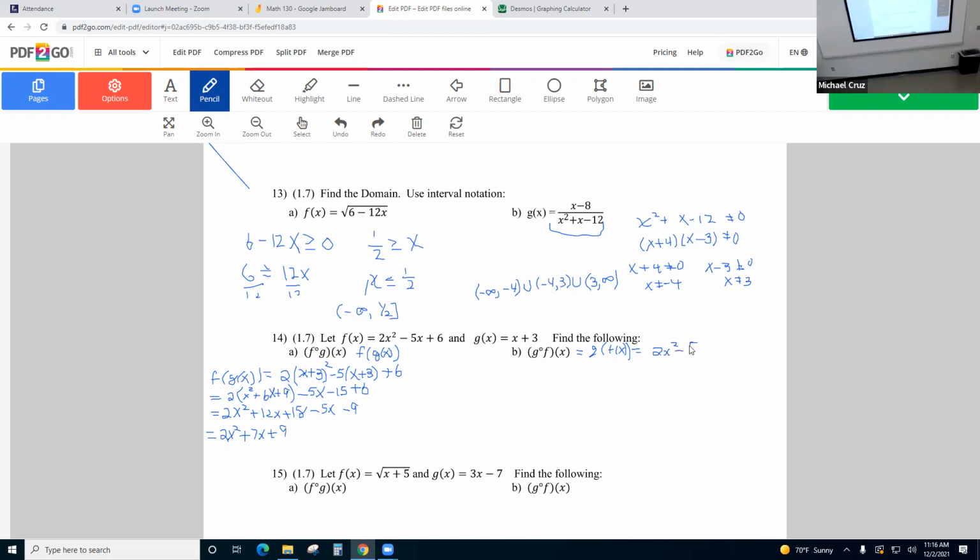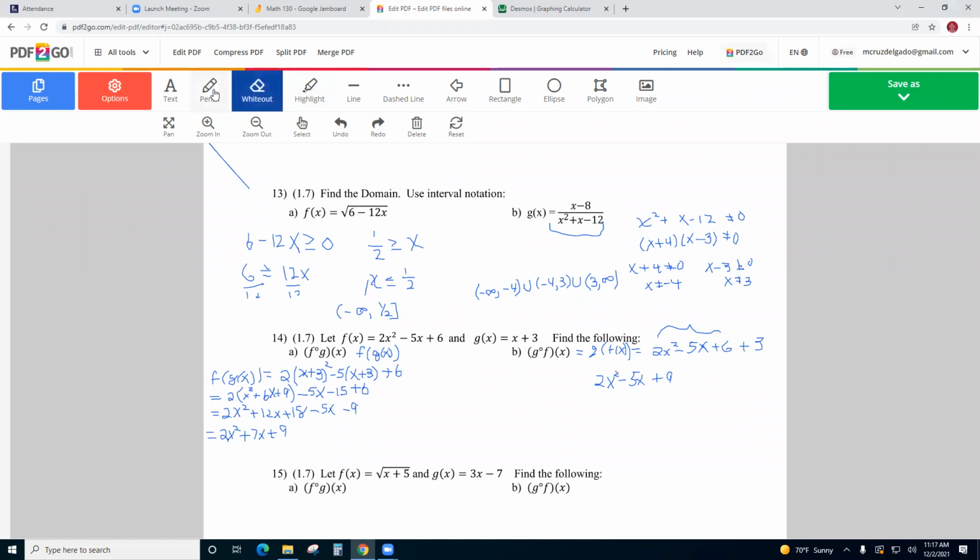So this is replacing the single x. Okay, so this right here replaces the single x and add 3. I was expecting this to be a little more complicated.